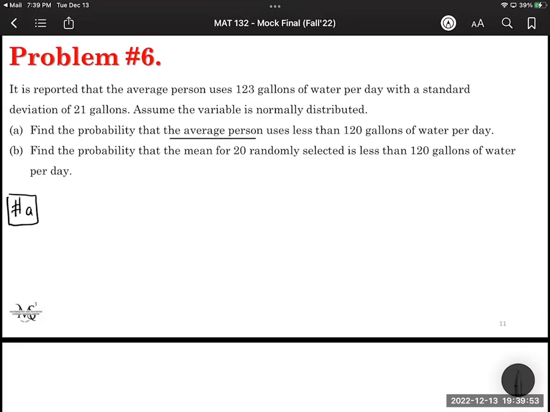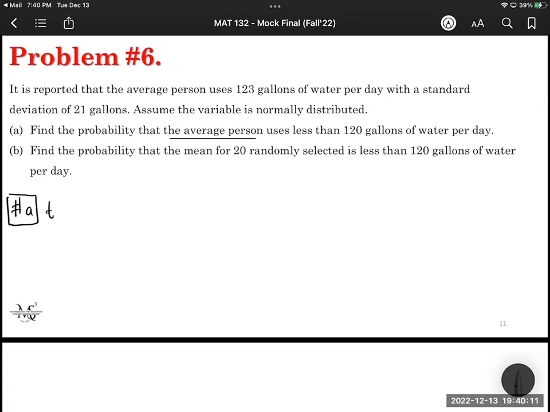So when it says the average person, how many people are they referring to here? One. The average person refers to one individual, right?